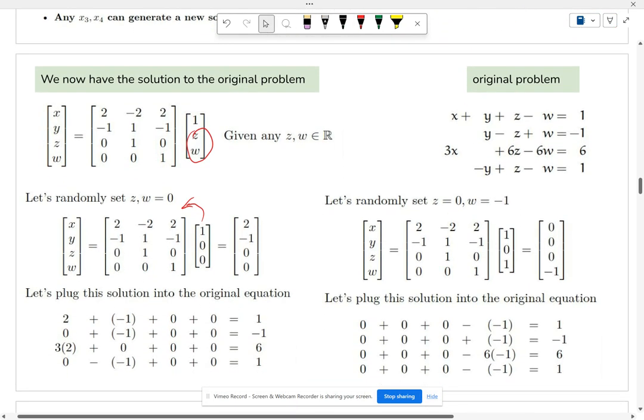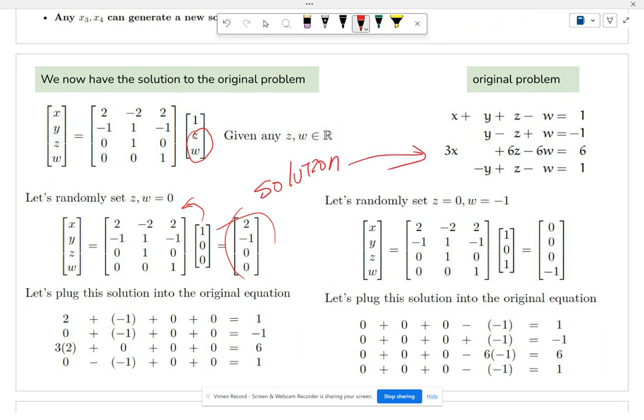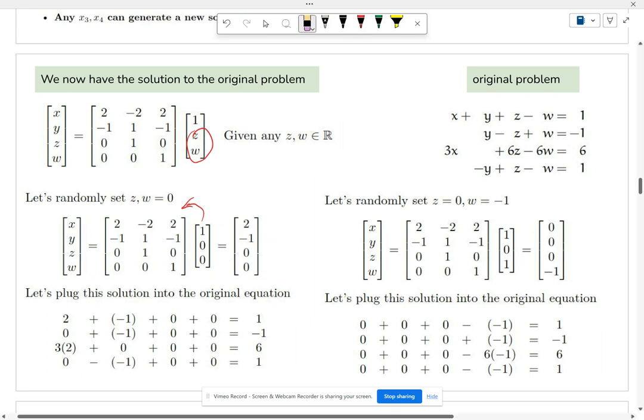So this is a solution to this. Let's see if it's true. Let's plug in 2, minus 1, 0, 0. We'll plug that in, and then we'll plug this in again. 2, there isn't a term here, so that's 0.